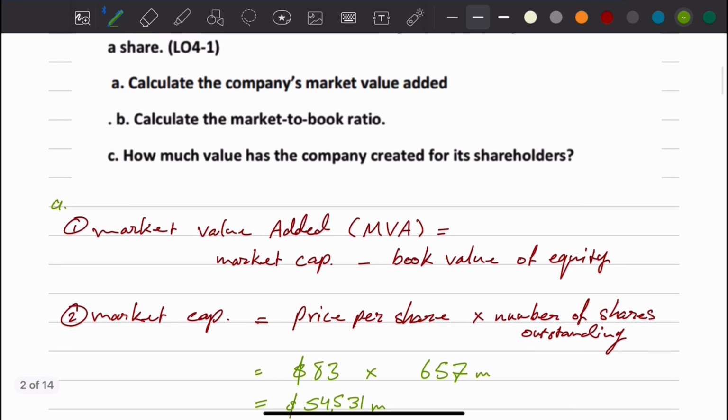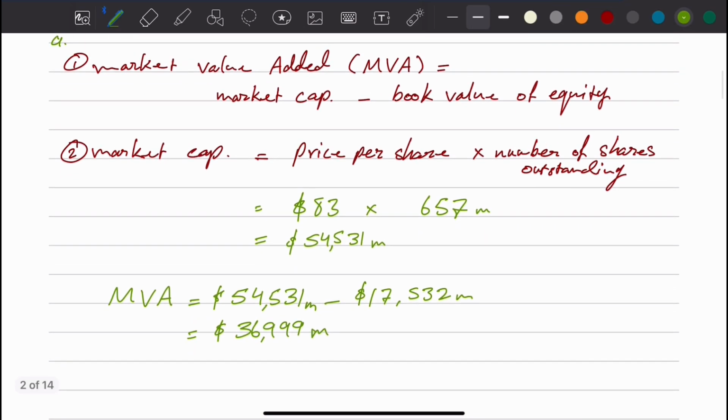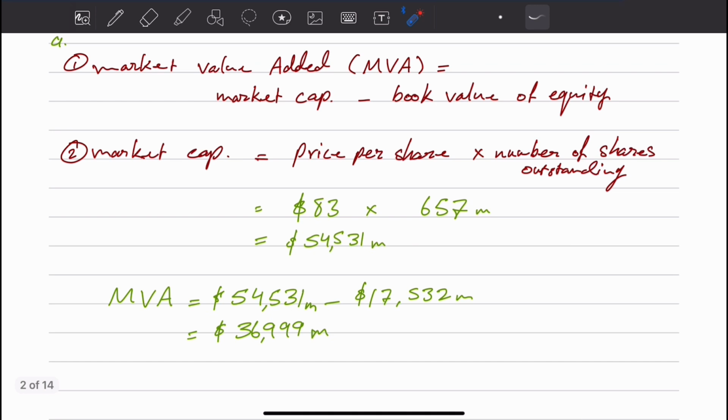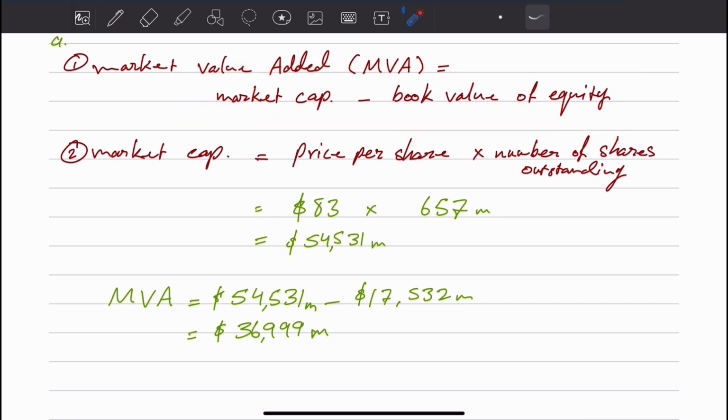Now for the second requirement in the question, part B, it says calculate the market to book ratio. Now the market to book ratio uses the exact same inputs as the market value added formula, right? So we're going to be using these one more time. The only thing that is going to change is the mathematical operation here in the middle.